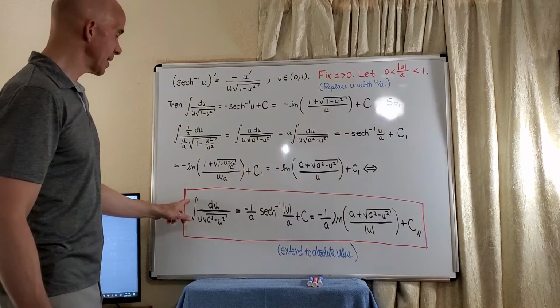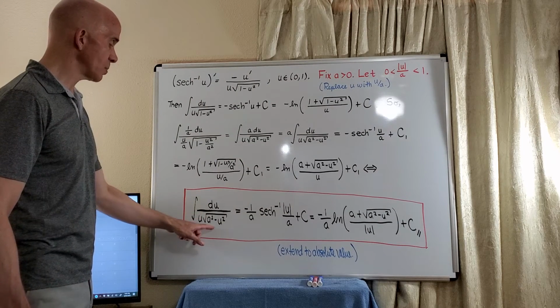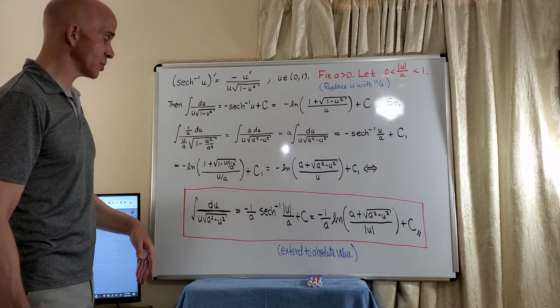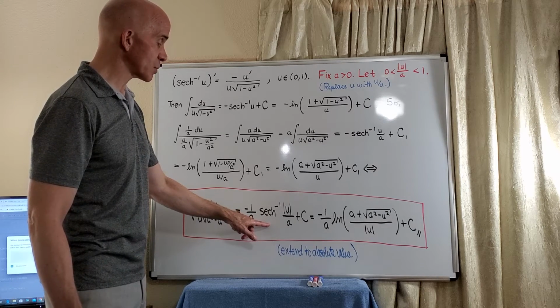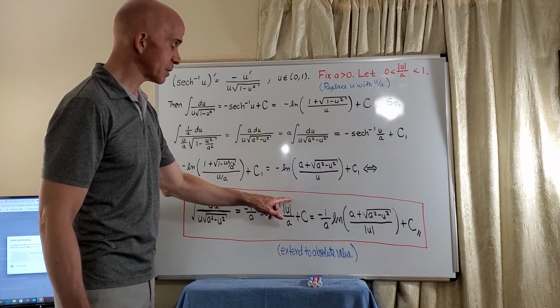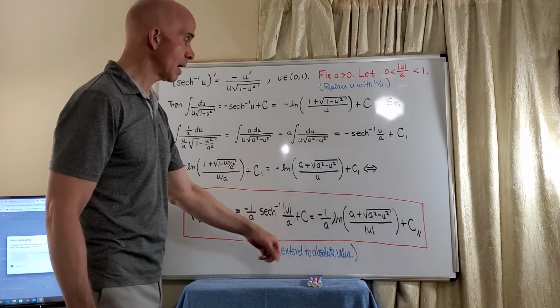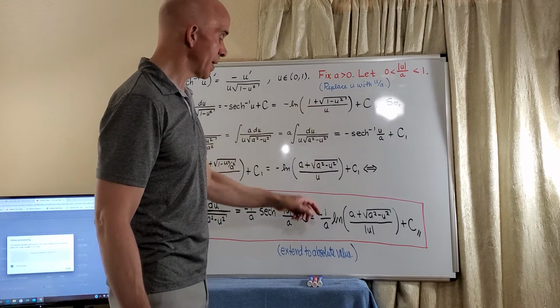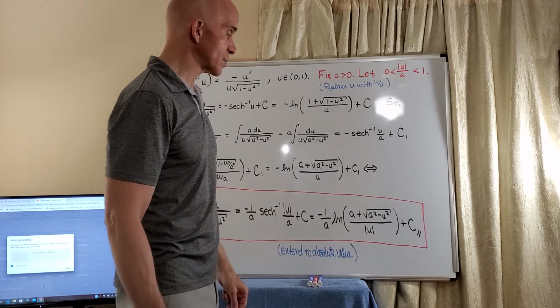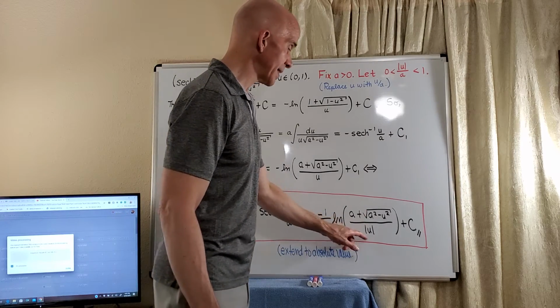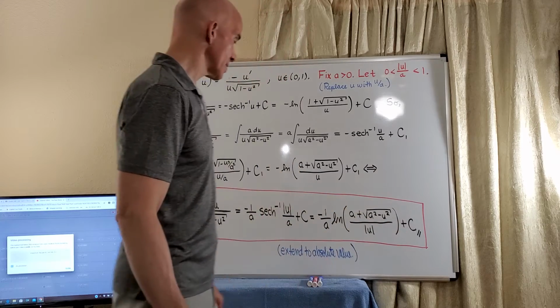So the integral of du over u times the square root of a squared minus u squared will now be the negative 1 over a of the inverse hyperbolic secant of the absolute value of u over a plus c, or using the log form, the negative 1 over a natural log of a plus the square root of a squared minus u squared divided by the absolute value of u, plus a constant.